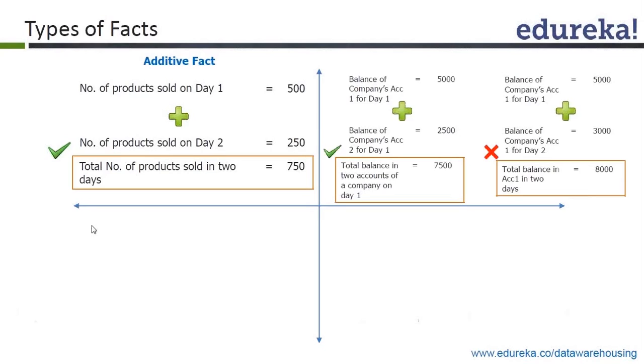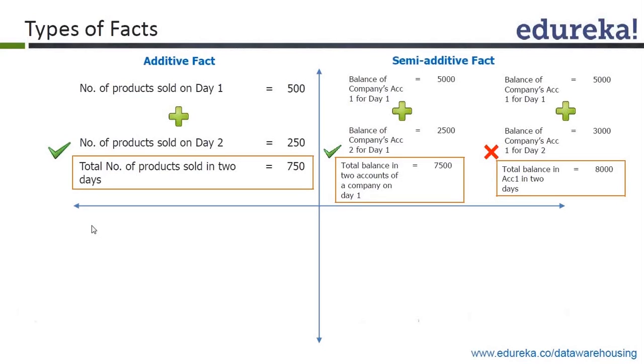So his balance is 3,000. It's not the addition of these two from yesterday and today. So it's not 8,000, it's actually 3,000. So you cannot add this together. This type of fact, which is additive but not always, is called a semi-additive fact.